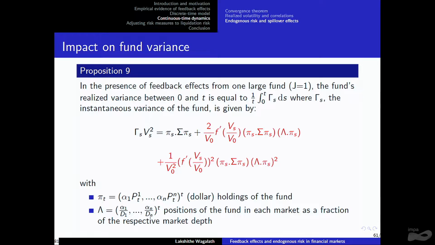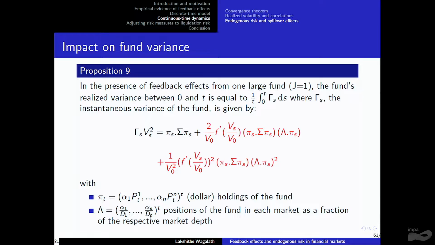The volatility of the fund which is liquidating is equal to a fundamental volatility or variance, plus those terms in red, which are, once again, a term of order 1 in additional variance and a term of order 2 in additional variance. And all those terms are positive, if you look into the detail.